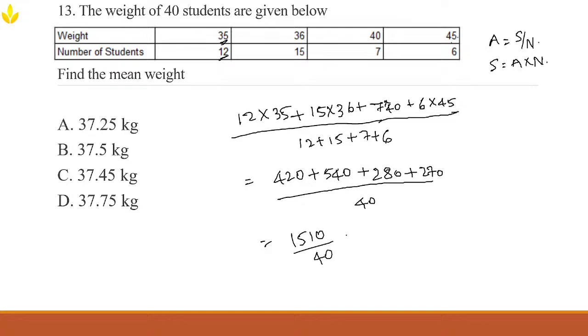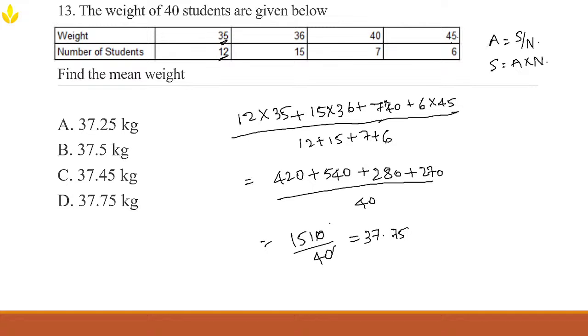So 1510 divided by the 40. So that approximately gives you the value as 37.75. So you can just cancel out 0. So 4 ones are 4, 3s are 12 and 7 it is 28.